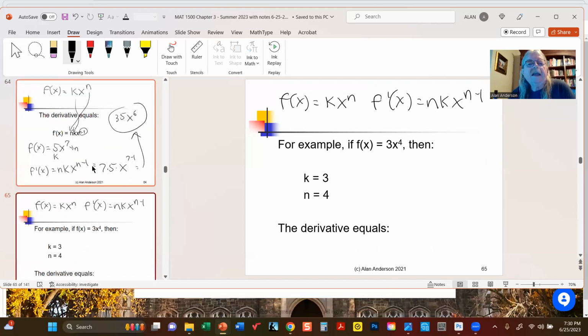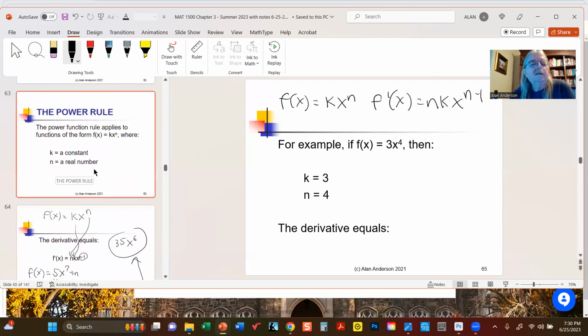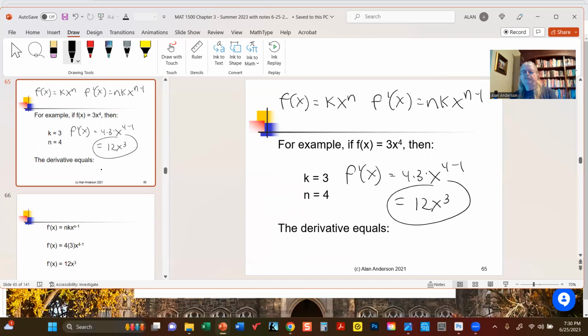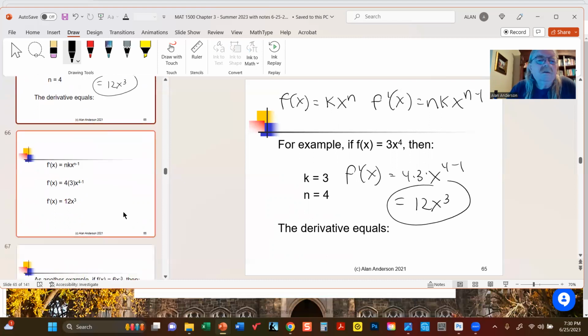So if we start out with k x to the n, the first derivative is n k x to the n minus 1. So here k is 3, n is 4. So your derivative will be 4 times 3 times x to the 4 minus 1. Or we can simplify that as 12x cubed.